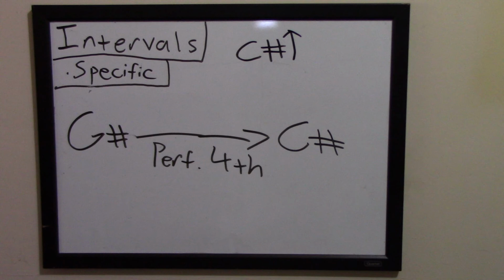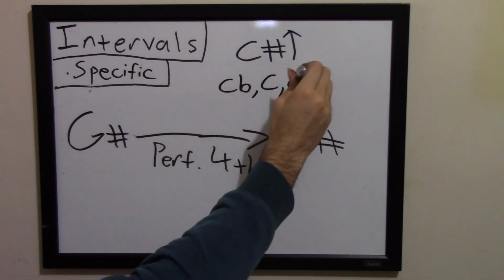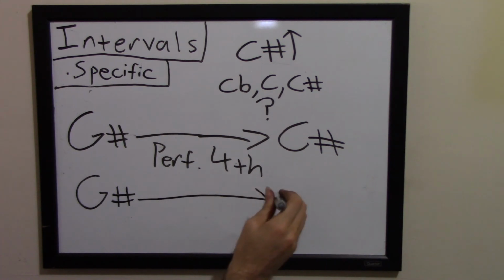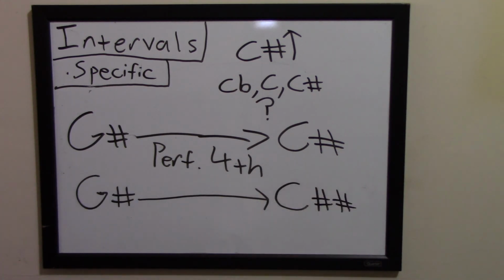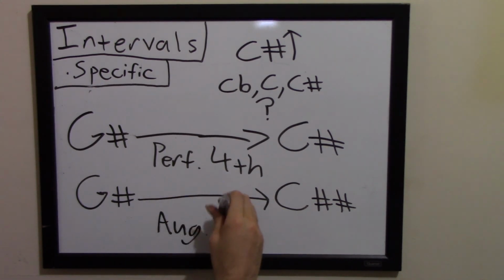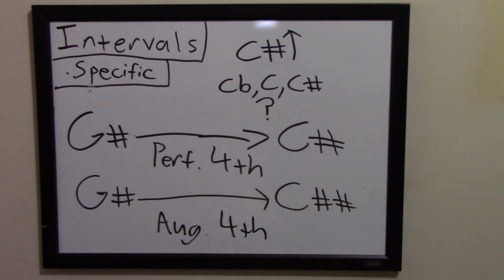It needs to stay a C. Well, we're at C sharp. There's no more C. We know about C flat, we know about C, we know about C sharp. The next note is D. There's no other kind of Cs. So they sometimes say C double sharp because they have no lives and they don't know what to do with themselves. So an augmented fourth above a G sharp would actually be a C double sharp, known on the streets by its alias D.